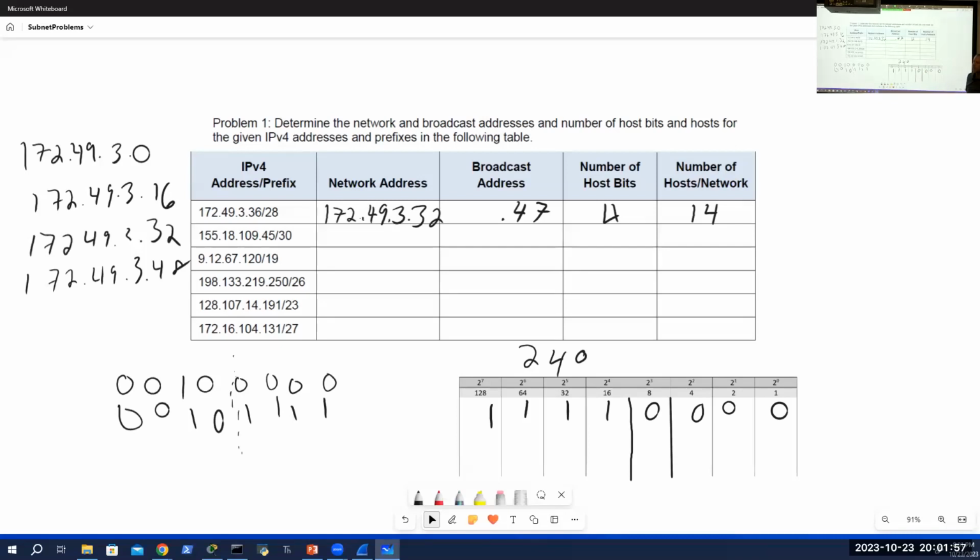So 2 to the 5th would come up with 31, and you just add 1 to that? Well, 2 to the 5th is actually 32, 5 bits, because remember, we start with the 0. It's just like in decimal, 10 cubed.